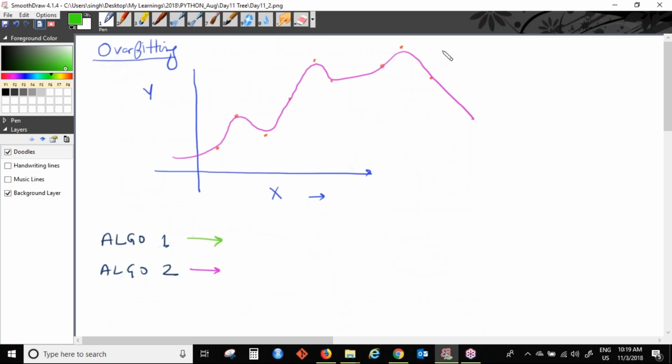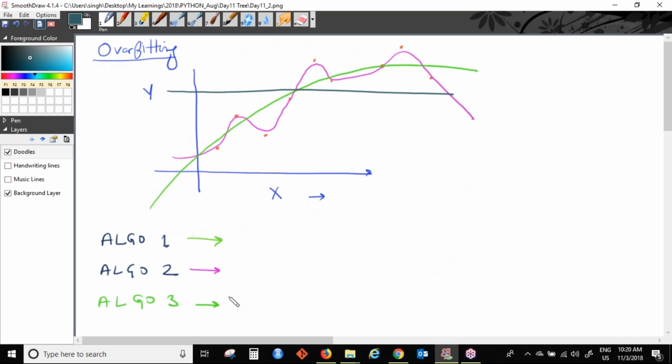Let me draw the graph of algo 1. Let me draw one more, algo 3, which is this. This is my algo 3.